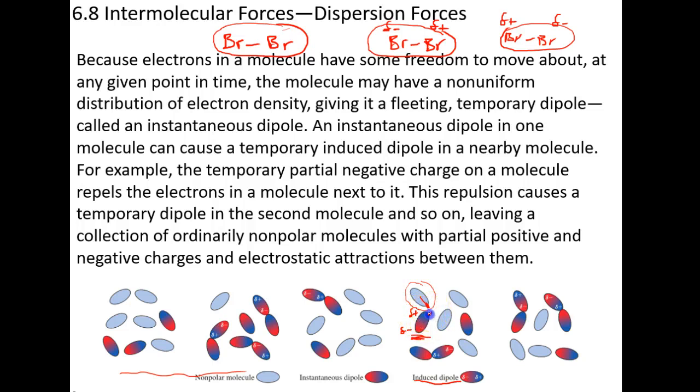The electrons are going to be attracted towards that positive end and start forming a partial negative. That's what's meant by an induced dipole. Same thing here. This is a partial negative side. It's going to cause the electrons to go away and make this a partial positive, which is what's shown over here. So that's what induced means. It's causing this shifting back and forth.